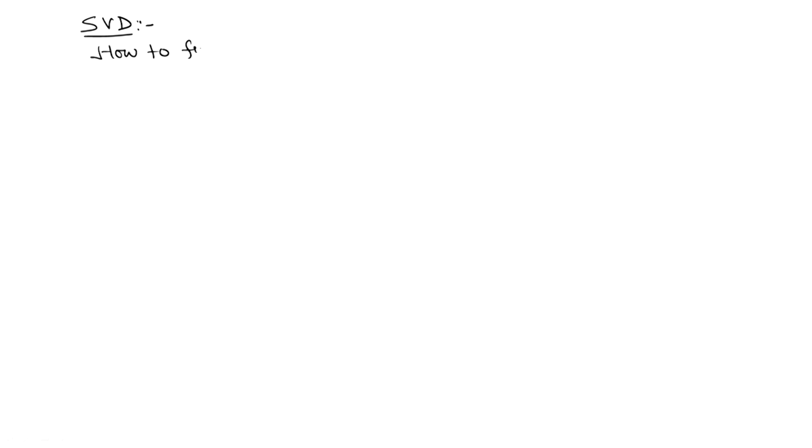So, how to find matrix U? Basically, the matrix A is of size m by n. So, if I take the matrix A into A transpose, the size of this matrix will be m by m.